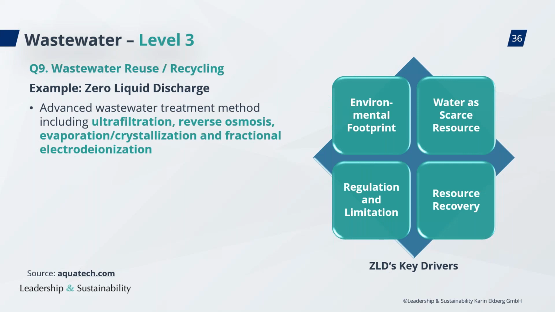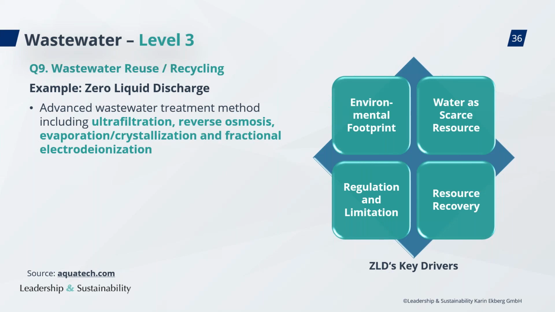Very often you have the steps of ultrafiltration, reverse osmosis, evaporation, crystallization, and even fractional electrodeionization. But it may be another combination of different steps. You can even evaporate immediately, but that will consume a lot of energy.